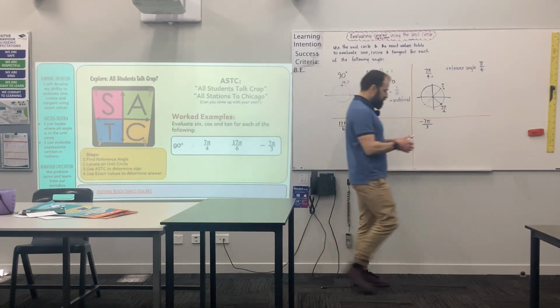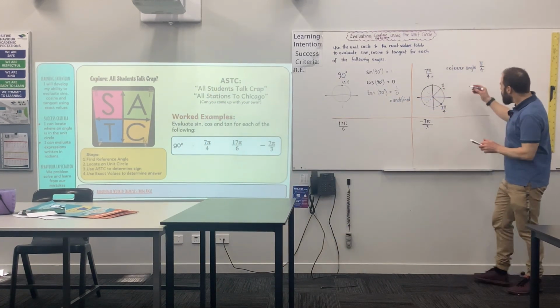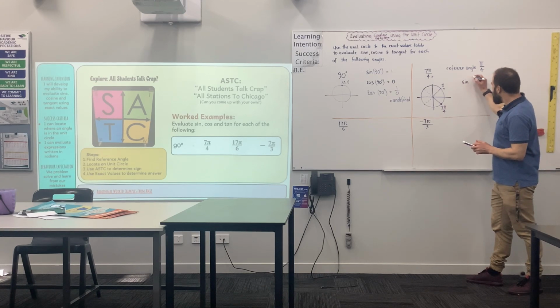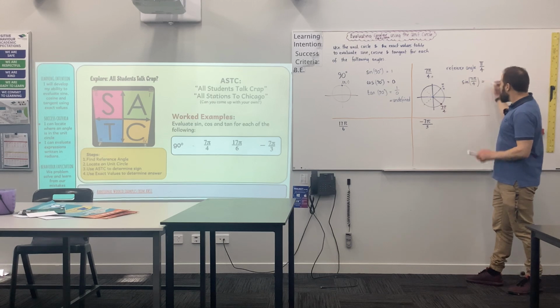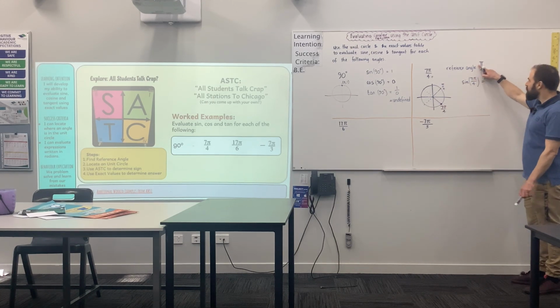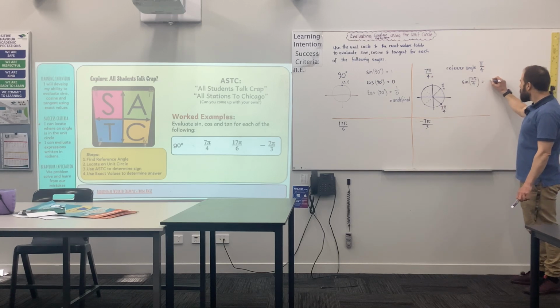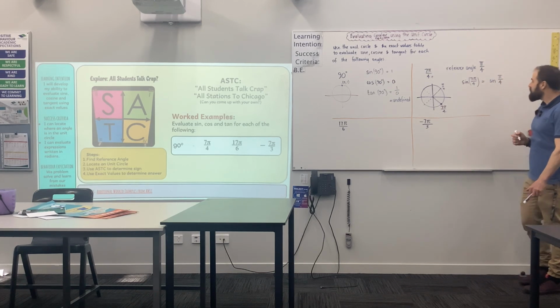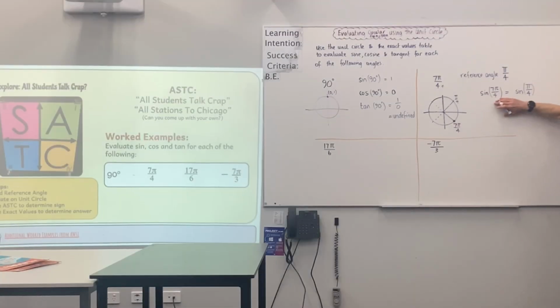So what we're going to do, we're going to work out what is sine of 7 pi over 4. Now, because it's in the fourth quadrant, and because our reference angle is pi on 4, we know this has got something to do with sine of pi on 4.